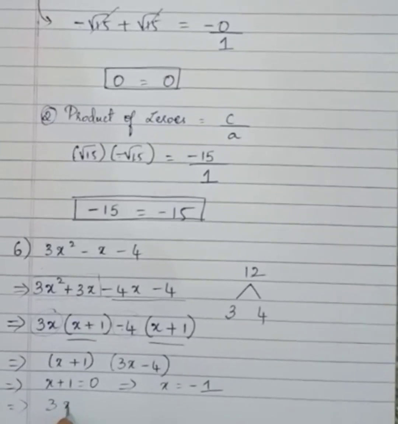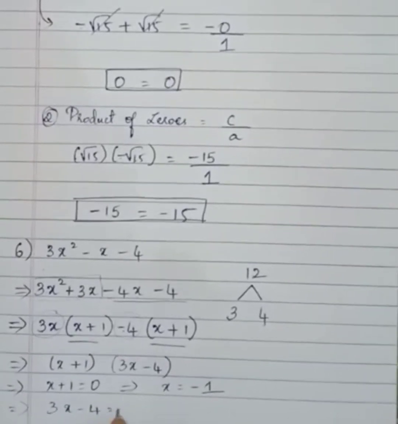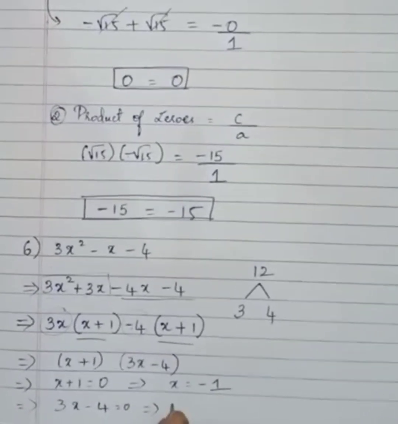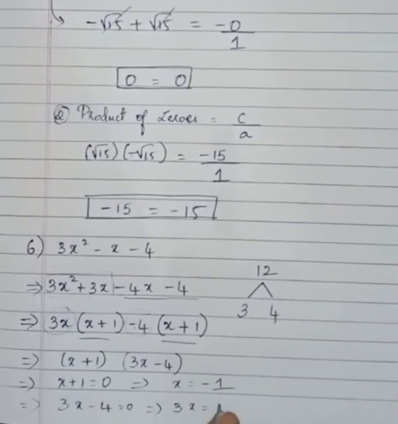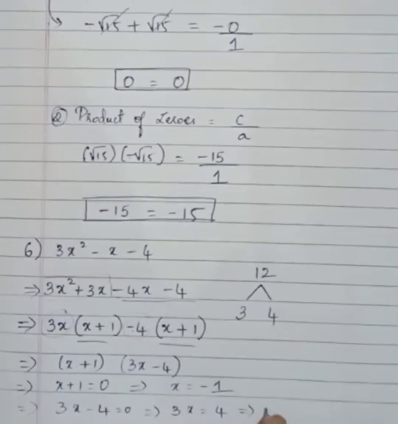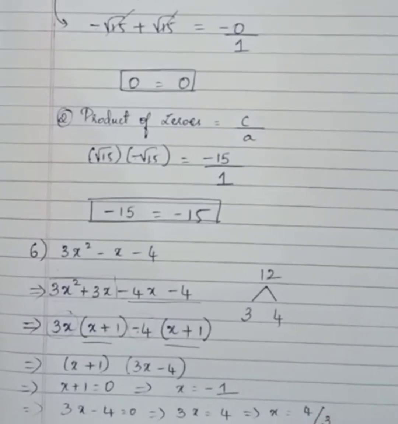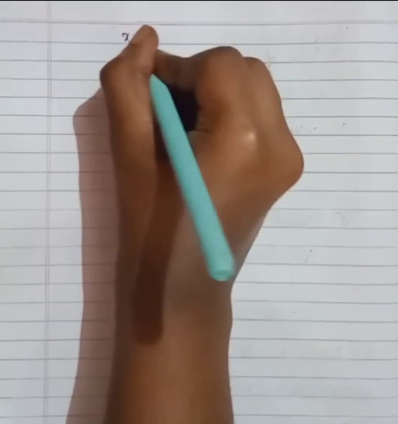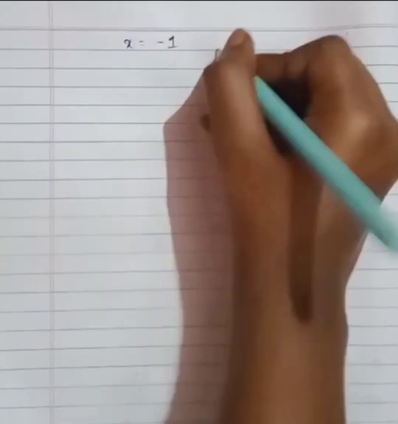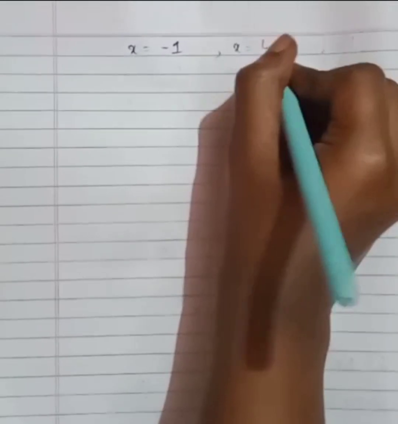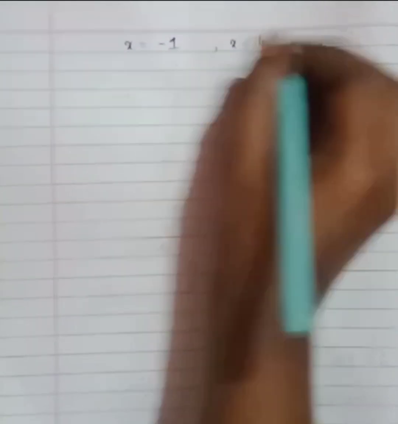If 3x minus 4 equal to 0, then 3x equal to plus 4, x will be equal to 4 by 3. We have got our x value as minus 1 and x is equal to 4 by 3.